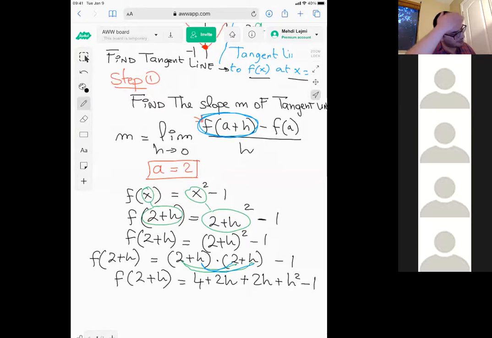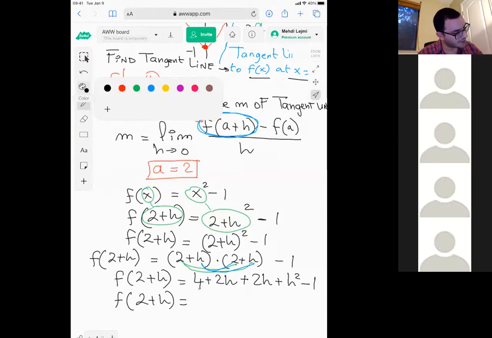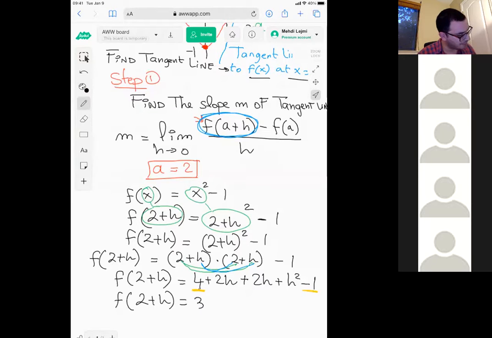So now if you simplify, you see, guys, we have the constants 4 and minus 1, so that will be 3. Now, how many h's do we have? Well, we have plus 2h plus 2h, so that will be plus 4h.